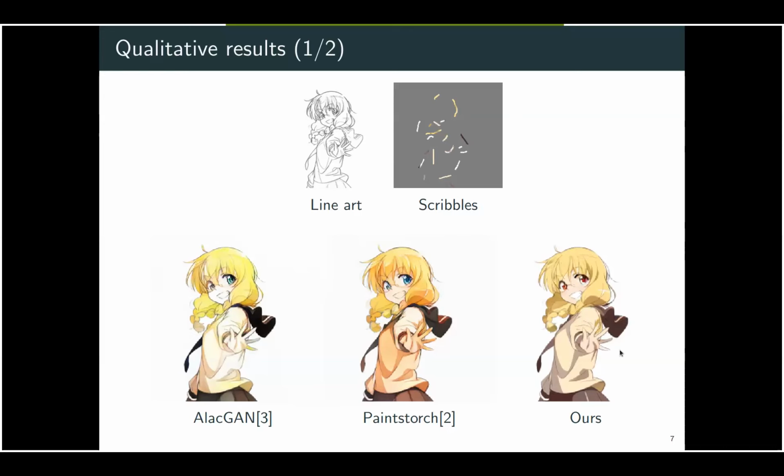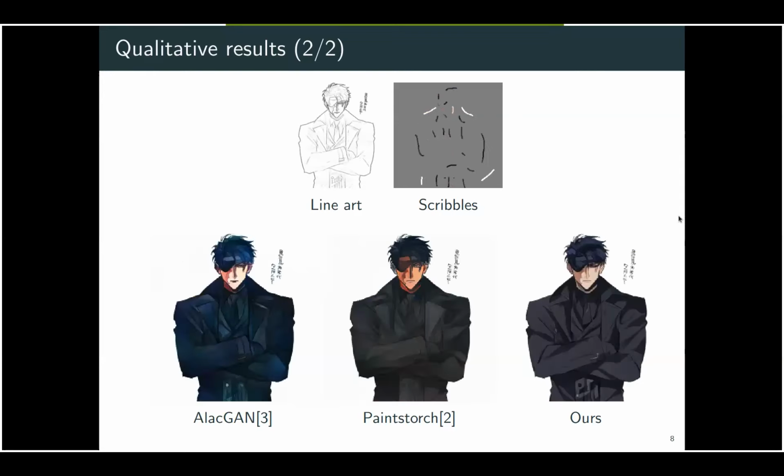In terms of results, we present more consistency on colors in the eyes in comparison with the first method, for example in the clothes in comparison with the other two methods, and in the hand we can see color bleeding in this part of the hand with respect to the cloth, and here some of the fingers are badly colorized.